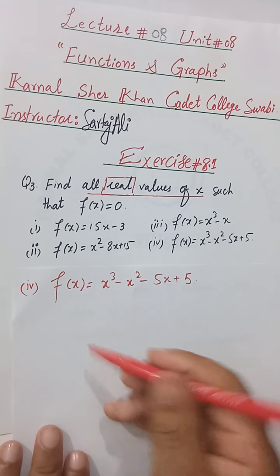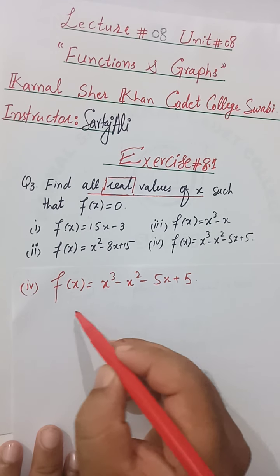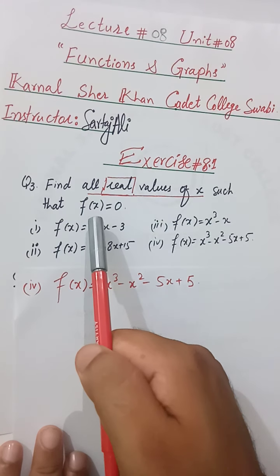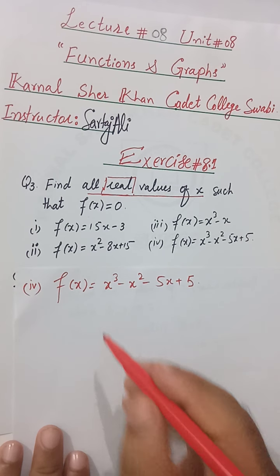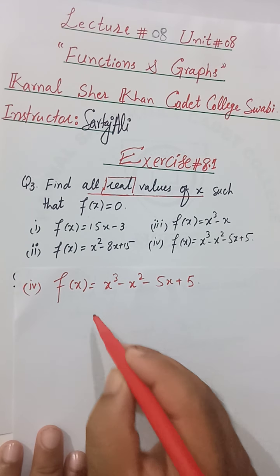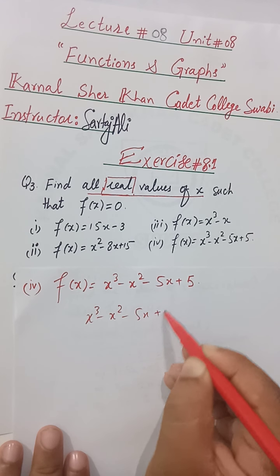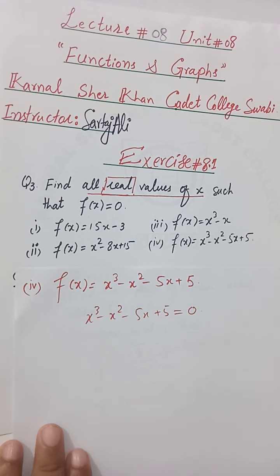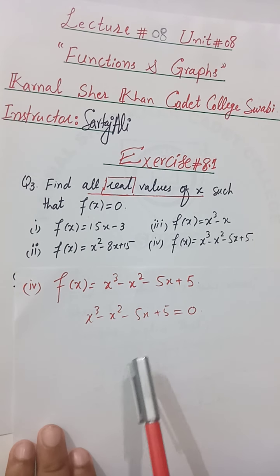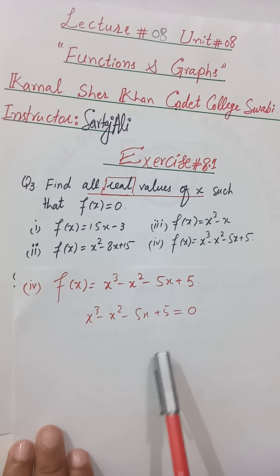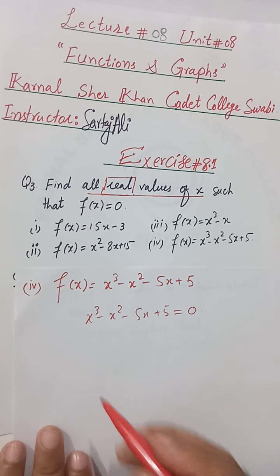So I am doing it directly, equate this function equal to 0. This is mentioned in the question, I detailed in the previous 3. So the given function will become x cube minus x square minus 5x plus 5 equal to 0. So this is the cubic equation. So you will get 3 values of x, 3 real values of x.